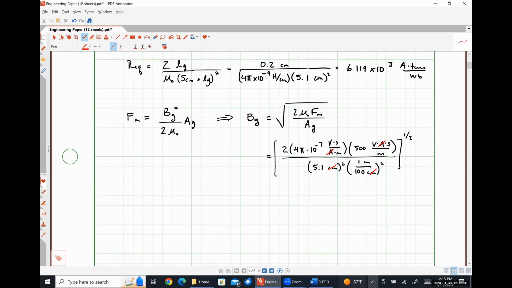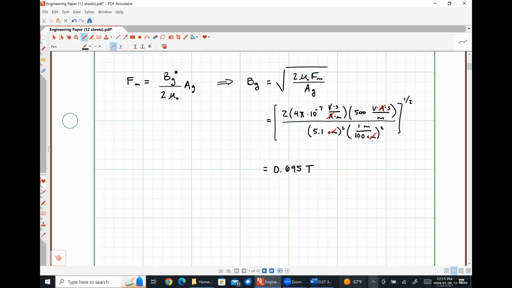Now I take the square root of that answer, and I got 0.695 and some change Tesla as the flux density in my air gap.